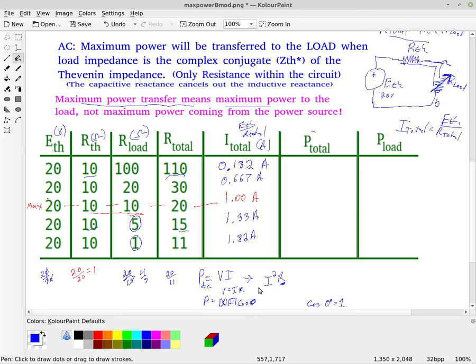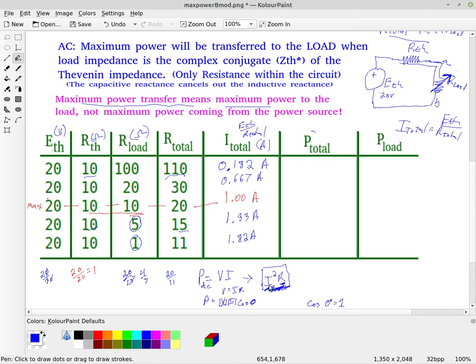All right, and so inside of a resistor, power is still I squared R. It doesn't matter whether it's AC voltage or DC voltage. The power inside of a resistor is and always will be I squared R. Okay, one more time.